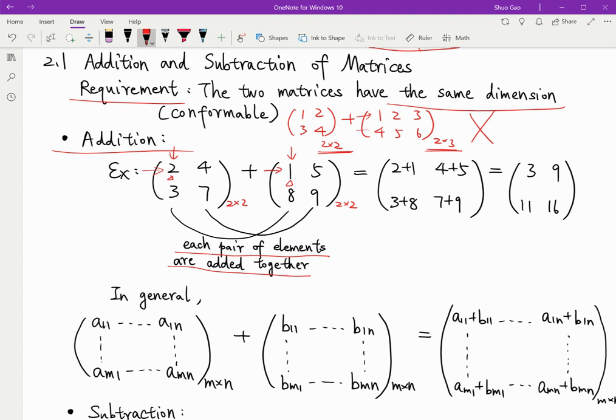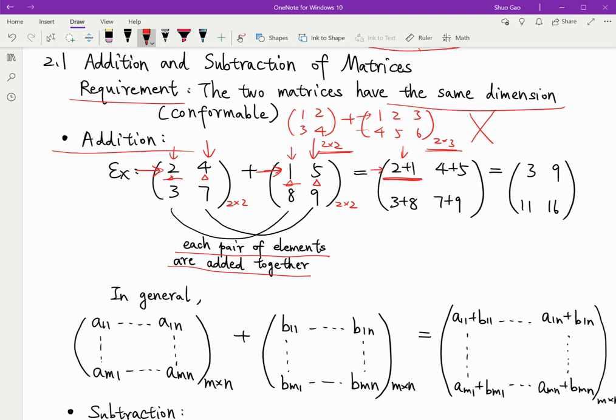So here, after doing the addition, for the resulting matrix, the first row and first column element is 2 plus 1, right? And for the first row and second column, the element is 4 in the first matrix and 5 in the second.